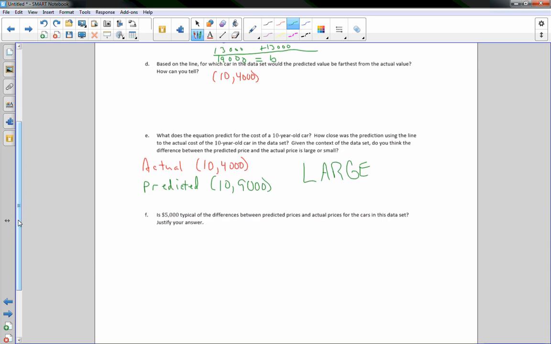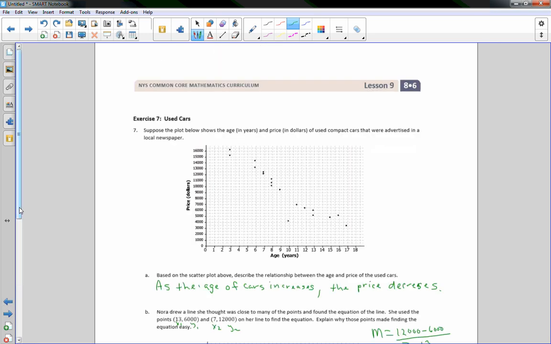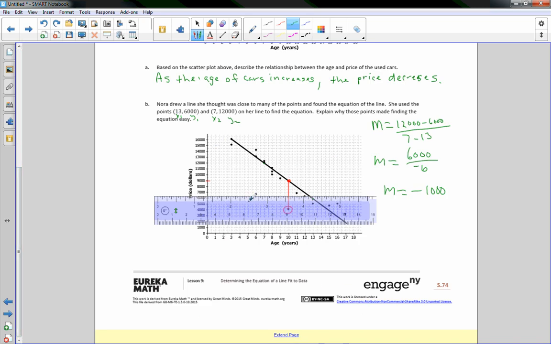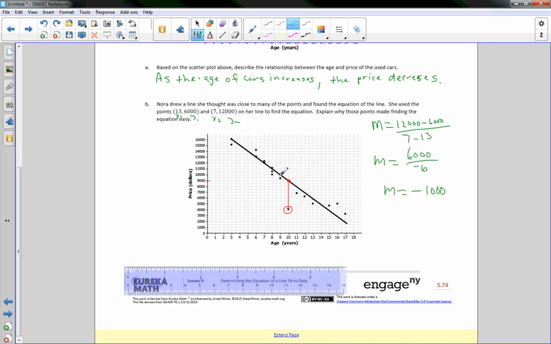F, is $5,000 typical of the differences between predicted prices and actual prices for the cars in this data set? Justify your answer. Okay, so what they're saying is, are these points on average a distance of 5,000 away from the line? So if I look at this point here, 16,000 is actual, a little more than 15,000 is estimated, so it's less than 1,000 difference.